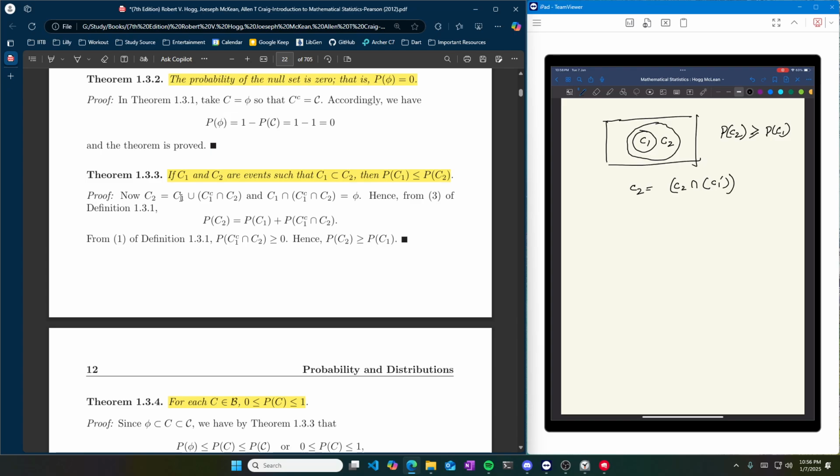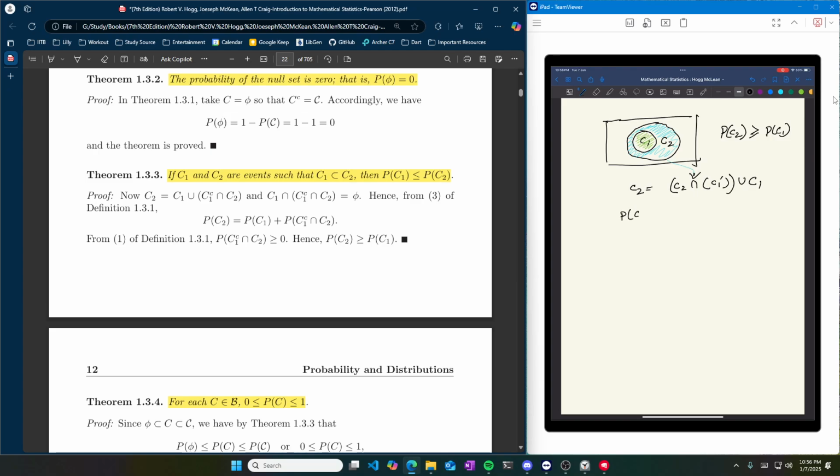This portion, the blue portion, and the green is C1, and there would be a union with C1, right?